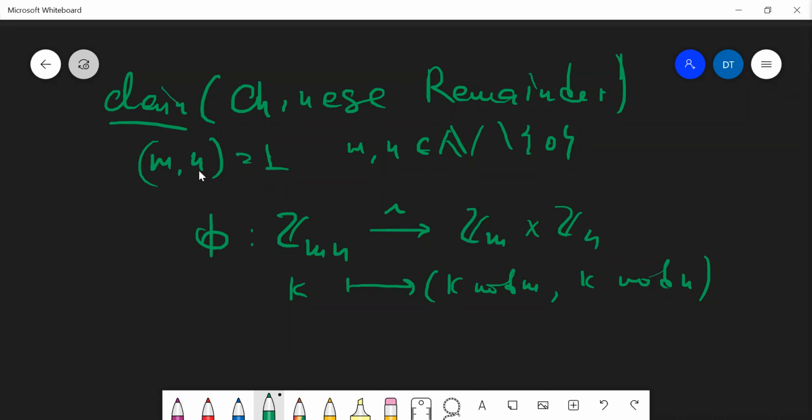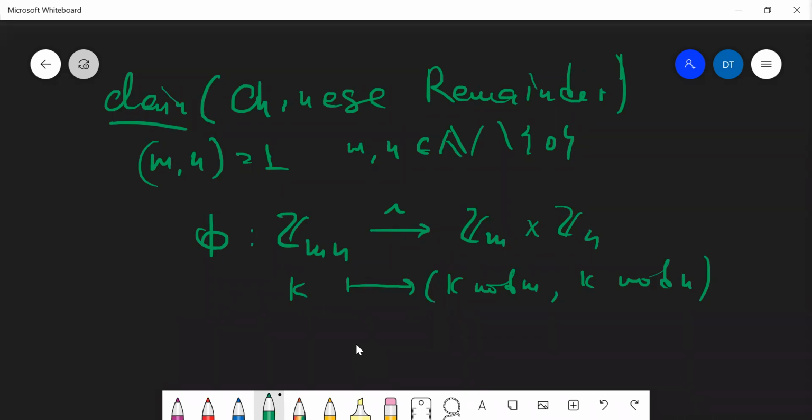And now I claim that if M and N are co-prime, so their GCD is 1, then this map given by this rule is an isomorphism between these two groups. Just in case, the operation here, here, and here is addition modulo the corresponding number.